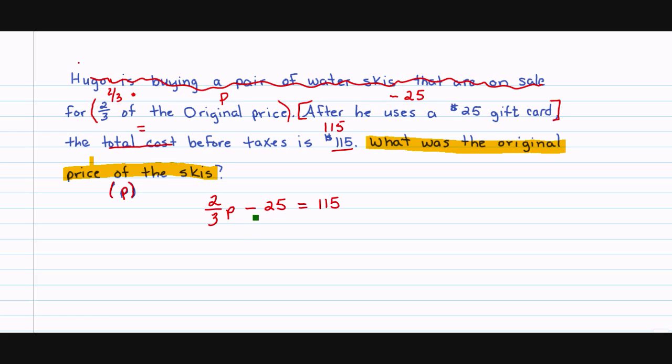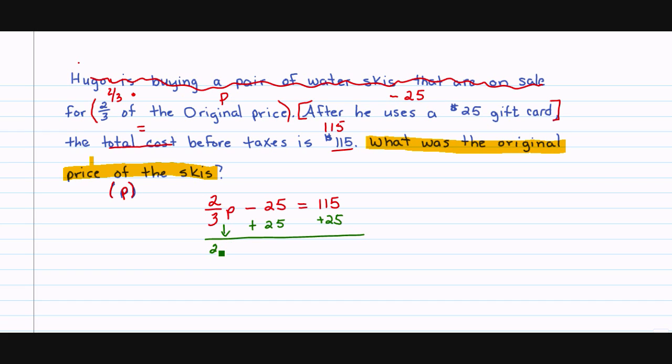So the opposite of, because our whole point is to isolate the P. That means get the P all by itself. So we have to move everything over to the other side. So the opposite of negative 25 is a positive 25. And what I do to one side of the equation, I do to the other side of the equation.